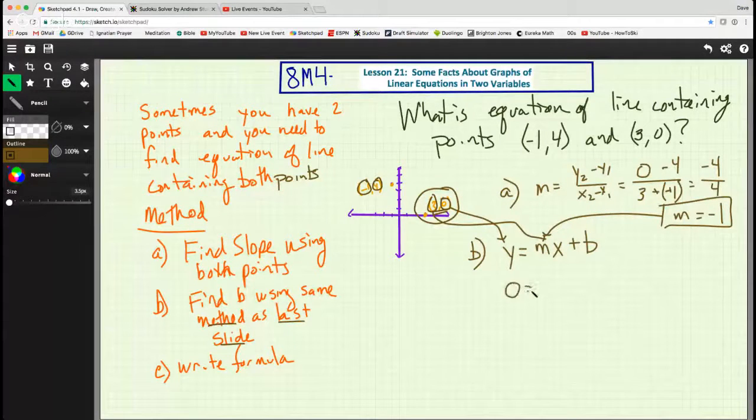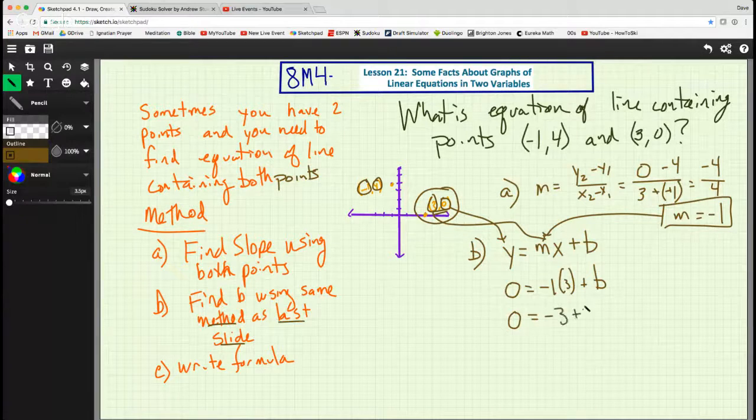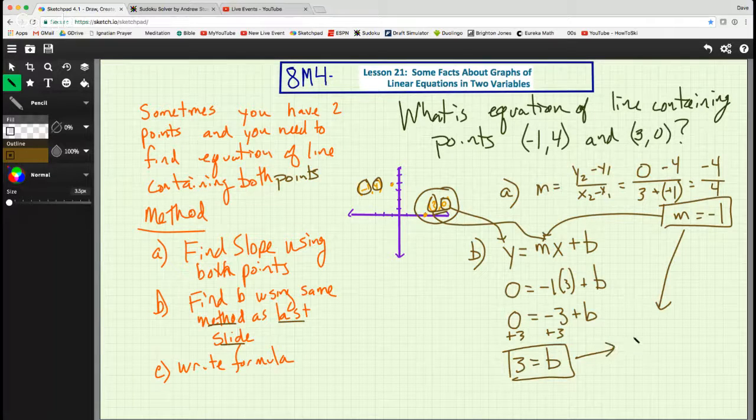0 equals -1 times 3 plus B. So 0 equals -3 plus B. So we add 3, and we get 3 equals B. So we have our slope and we have our B, so we can just write our formula.